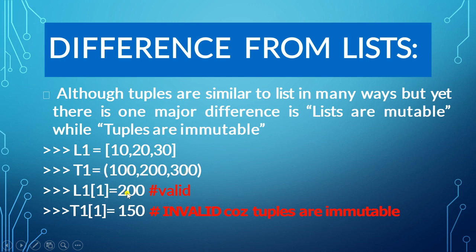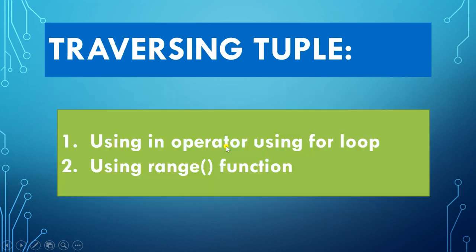L1[0] = 200, yes, we can change. But if we write T1[0] = 150, that is invalid, because tuples are immutable. The values of a list we can change, that is mutable, and the values of a tuple we cannot change, that is immutable. I spoke this the opposite way earlier, so I am correcting it: lists are mutable and tuples are immutable.